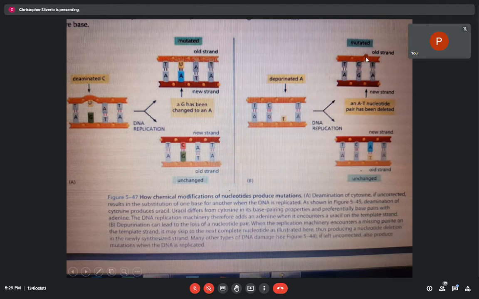And this setup will be transmitted from cell generation to cell generation. This will be again replicated. And that is what will happen if that will not be repaired. The cell all throughout the generation will be carrying an abnormal DNA strand.